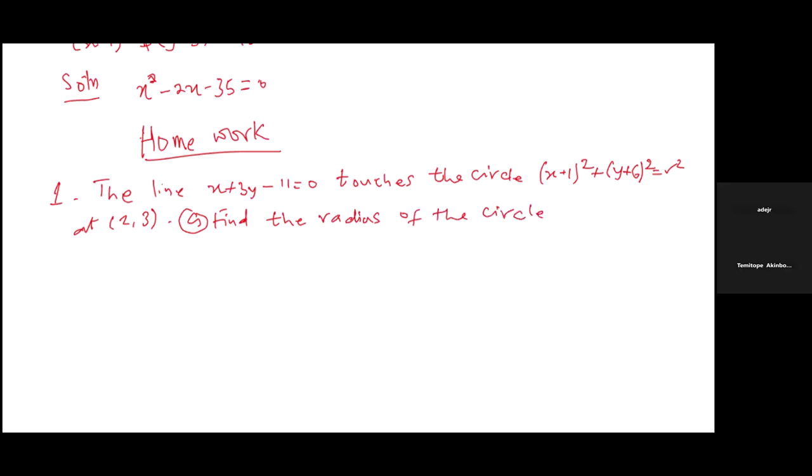B, show that the radius at 2, 3 is perpendicular to the line.